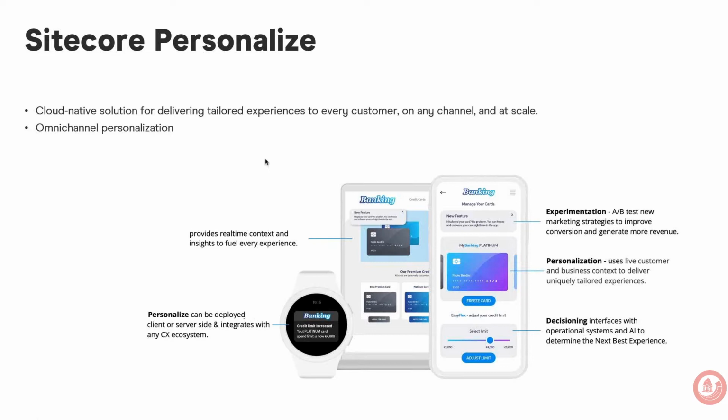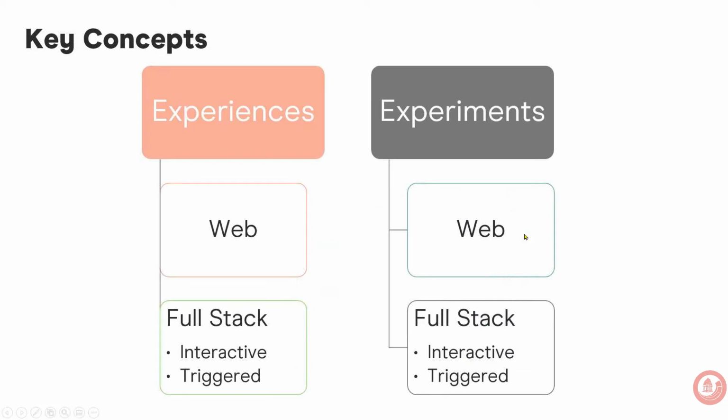It activates your data across all customer touchpoints to create a seamless and consistent customer experience. As I mentioned, you can do omnichannel experiences and personalization using Sitecore Personalize. You can do experimentation, which is basically nothing but A/B testing. You can do personalization, and you can also do decisioning. And we'll talk about that in the upcoming slides.